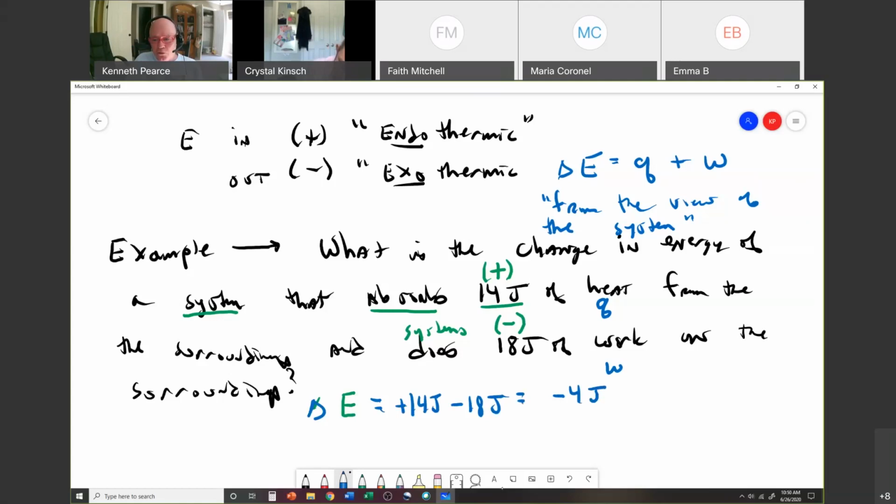That's the change in energy of the system. So if the system absorbs 14 joules and does 18 joules of work on the surroundings, the net change in energy is minus 4 joules. Okay, let's do another one here.